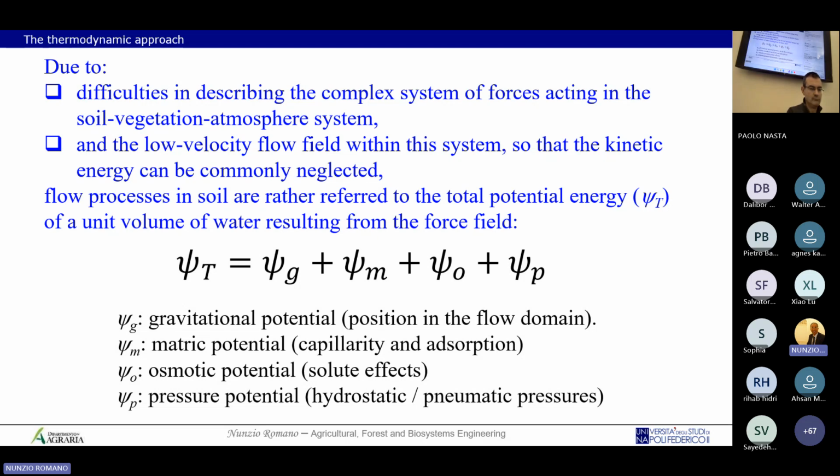Then there is the matric potential due to capillarity and adsorption forces. We have the osmotic potential due to the solute effects, and it's very important for people dealing with plant physiology, for example, and the pressure potential that is due to the presence of pneumatic pressures. But we will discuss a little bit about each of these components.